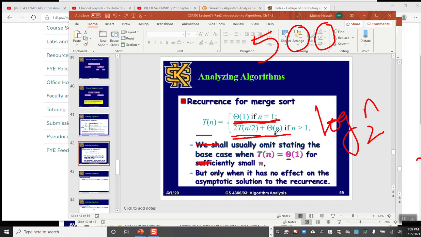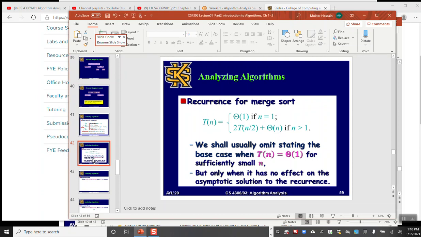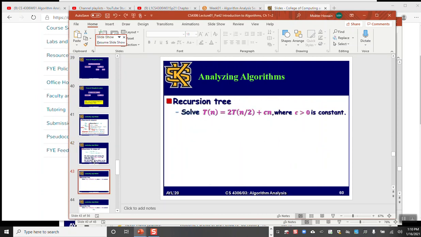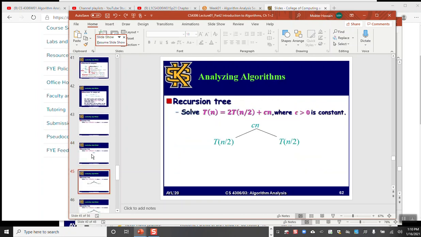So what is the effect? This part has the effect. You remember, this is the merging part, and this is the splitting part, right? For the splitting part, since there are 2 parts, the total recursive time will be 2 T(n/2) plus cn, that means a constant times n.